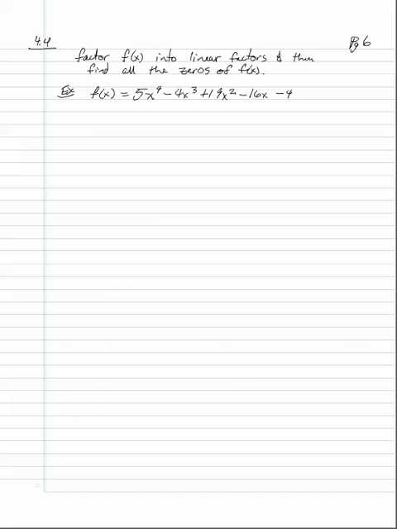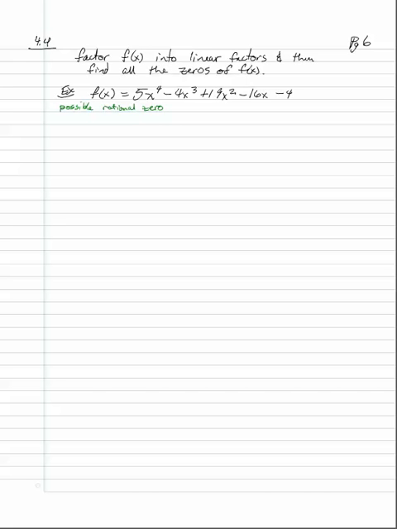Okay, so let's put it all together and factor f of x into linear factors and then find all the zeros of the function. So I'm going to use Descartes' rule of signs. I know my possible rational solutions, or zeros, I should say.